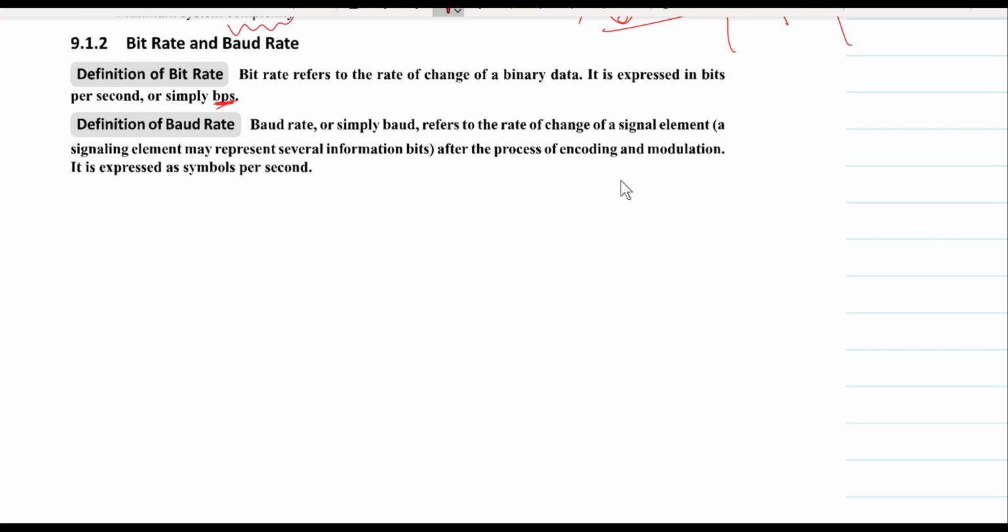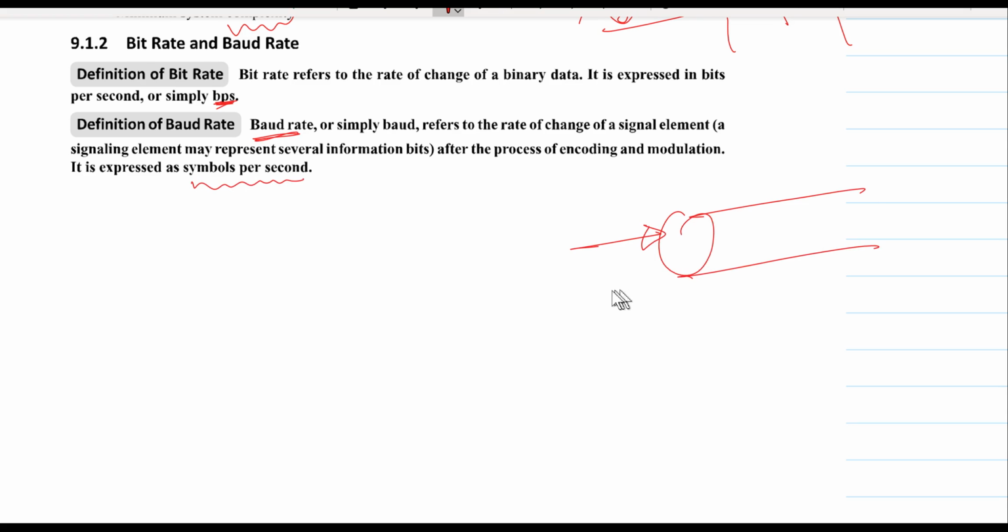And the other definition that suffices to introduce the measure of data flow is the concept of baud rate, and we say that baud rate refers to the symbol rate. Actually, it is the number of symbols that can pass through your channel or through your scheme per second.